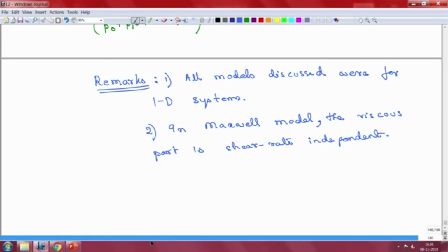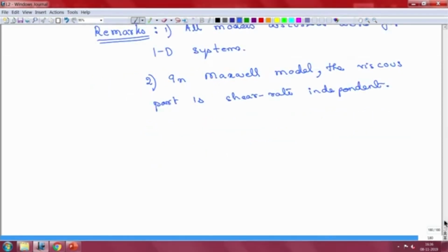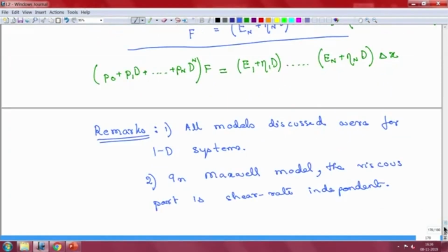So, eta is not a function of gamma dot. While the Maxwell model does represent a good viscoelastic model, it will not be appropriate if you want to model a shear thinning or shear thickening behavior. Right?